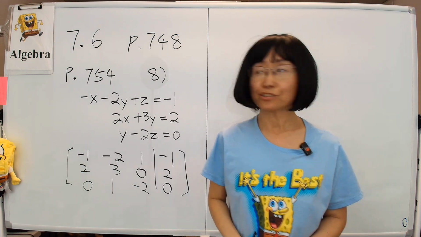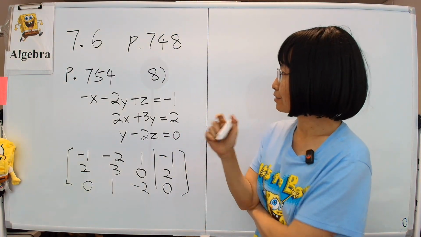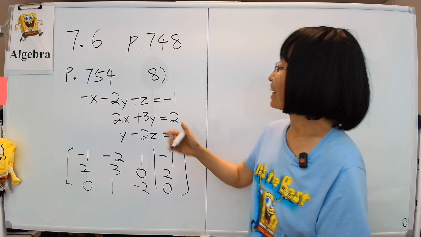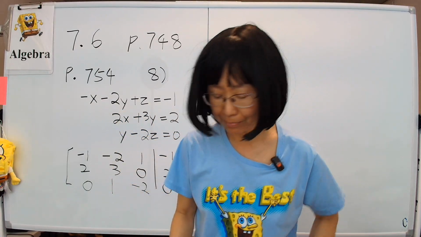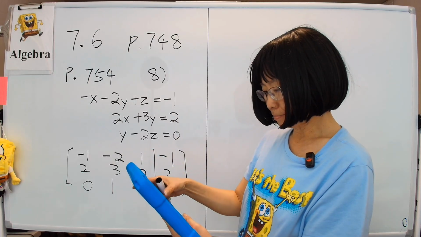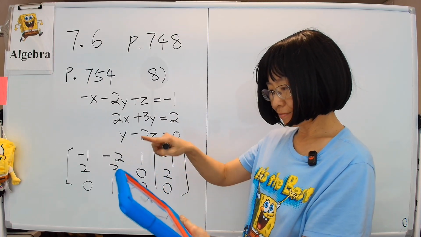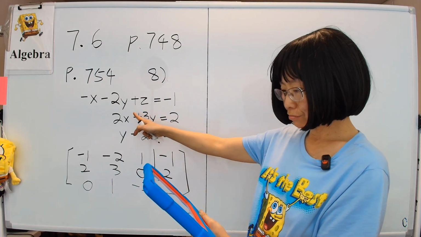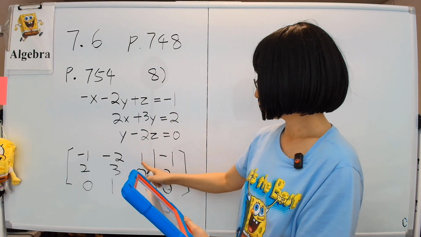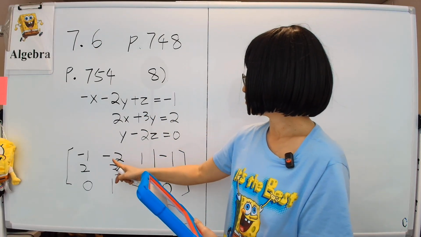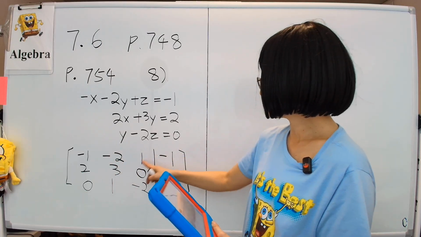So next, let's do example 8 on page 754. Same thing. Anyway, so we have the problem. Let me check to make sure I got the problem properly. We have minus x minus 2y plus z equals negative 1, and so I've written down minus 1, minus 2, plus 1, minus 1.